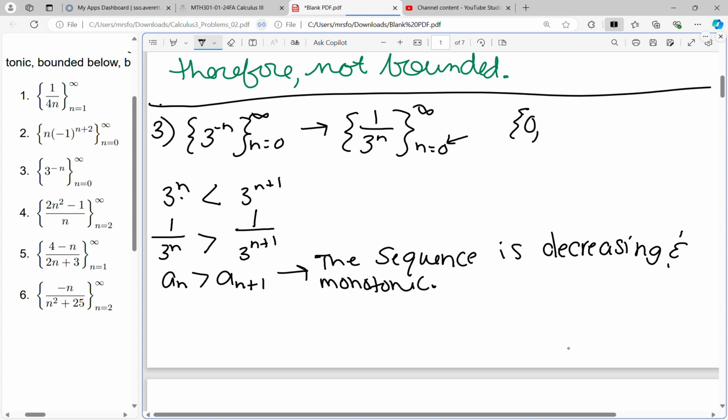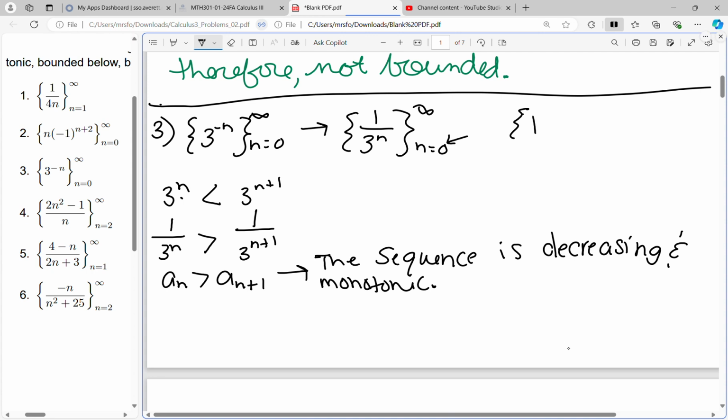If I want to think about my sequence, 1 over 3 to the 0 power is 1 over 1, which is 1.